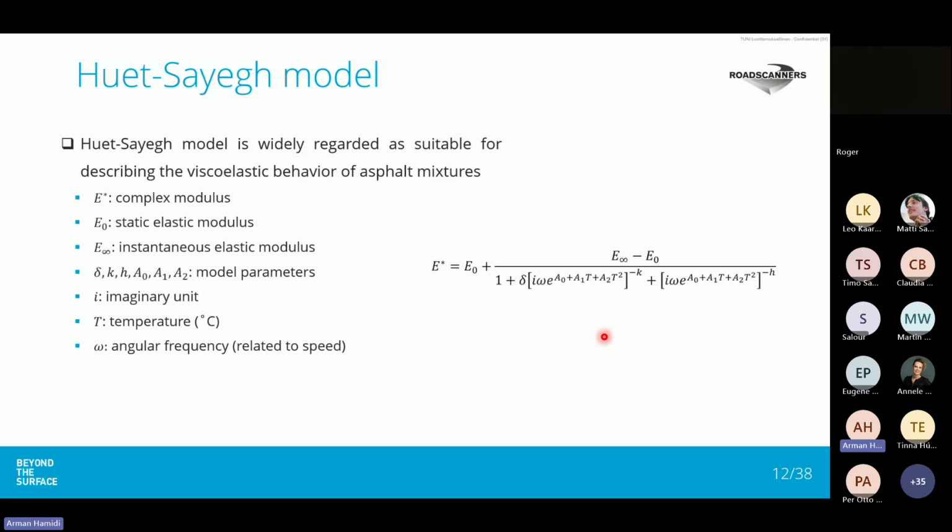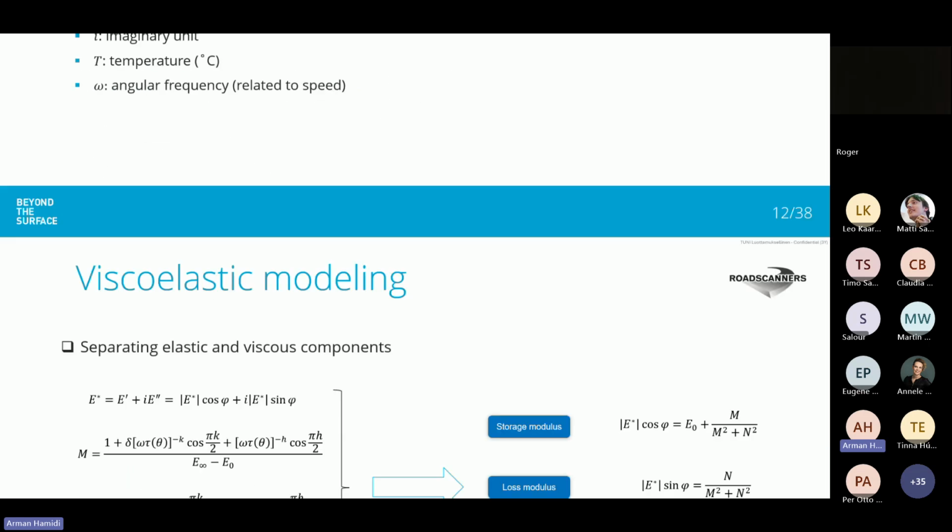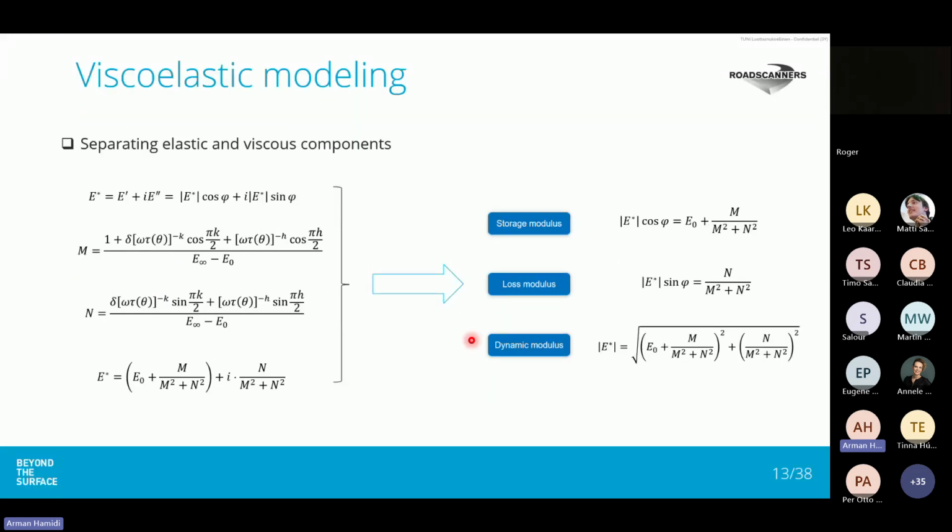But as we see in this equation, this is not a real number. There is an imaginary unit. So we cannot use this E star in a traditional forward calculation or back calculation tools. So we need to determine the magnitude of complex modulus. If we define two parameters, M and N, then we can separate the elastic and viscous parts.